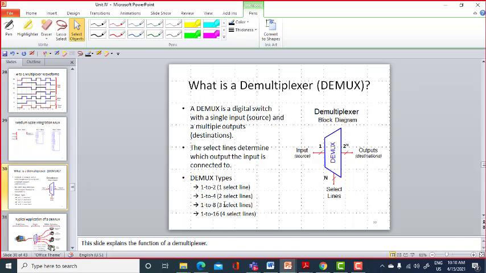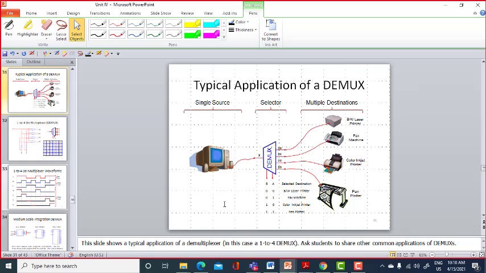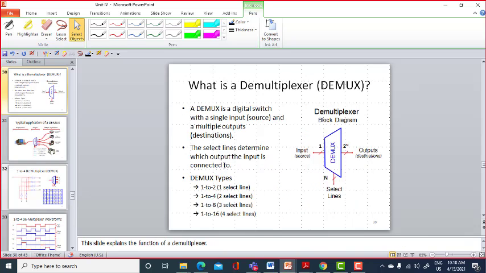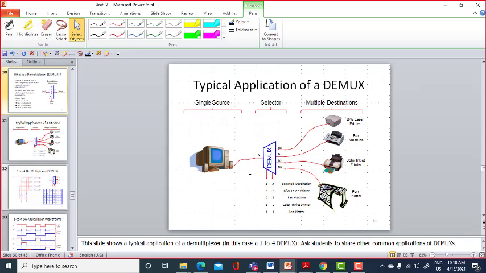Again let me have a typical example here. So you have a single source, namely your laptop or your desktop. From the desktop you have a printer, you have a fax machine, you have an inkjet printer and you have a pen plotter. So as I said, the select line determines which output the input is connected to.